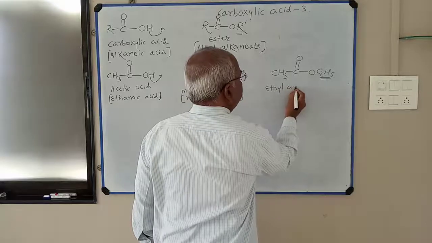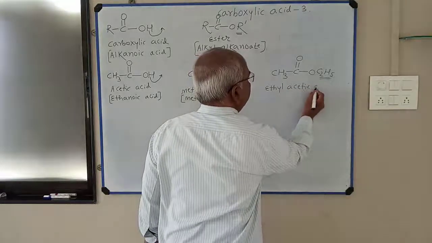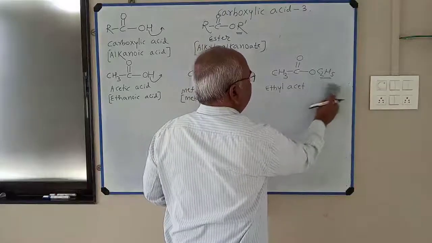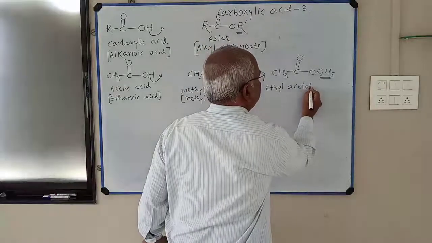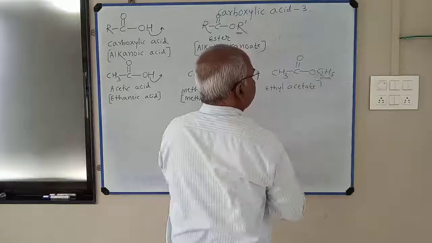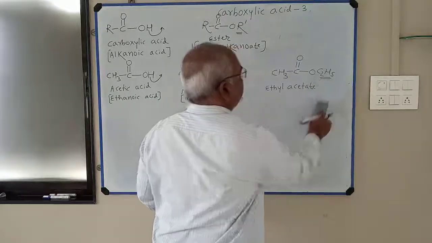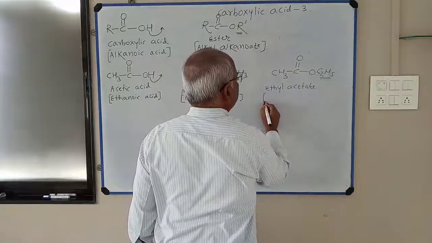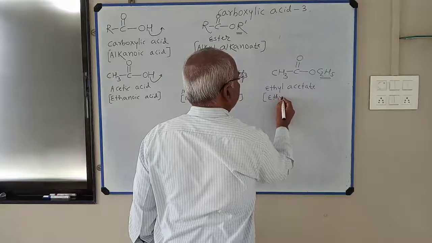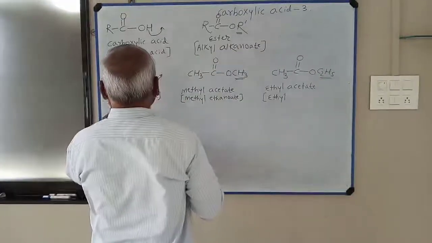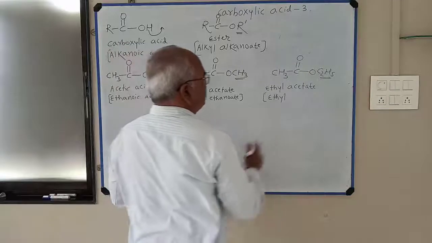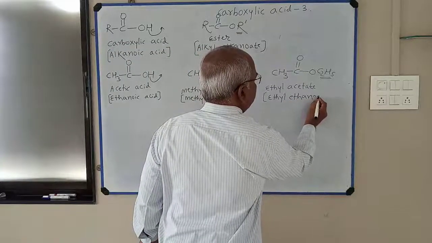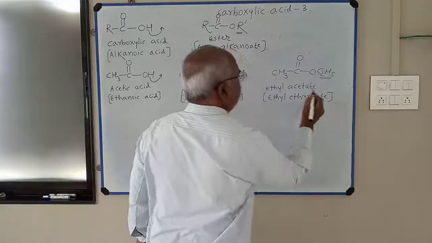Then write the name of the acid, acetic acid. Remove ic acid and replace it by ATE. Ethyl acetate is the common name of this compound. Its IUPAC name can be written like this: ethyl. It is a derivative of ethanoic acid, therefore ethyl ethanoate. Ic acid is replaced by ATE.